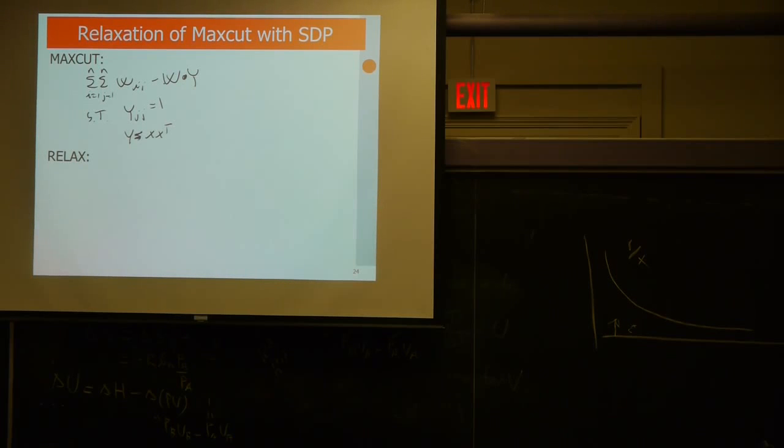Can we make the y matrix positive semi-definite? Right, so this is our objective, right? Max over y. And we have these constraints. I want to relax this in such a way that what we will get is an SDP problem.